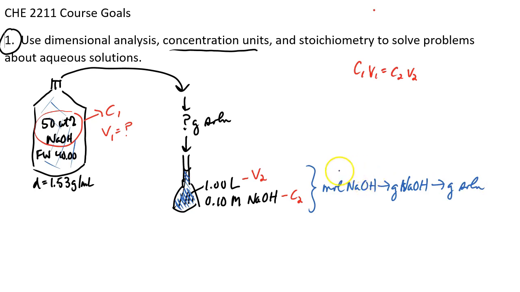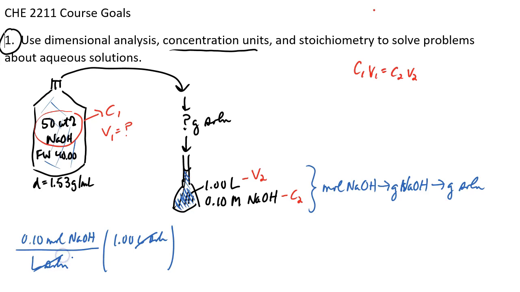So a lot of you are going to be able to figure out how many moles of sodium hydroxide are needed in this solution without even doing any work, but I'm going to write it out. So the desired concentration here is 0.1 moles of sodium hydroxide for every liter of solution, right? That's the definition of molarity. And we want 1 liter of solution.